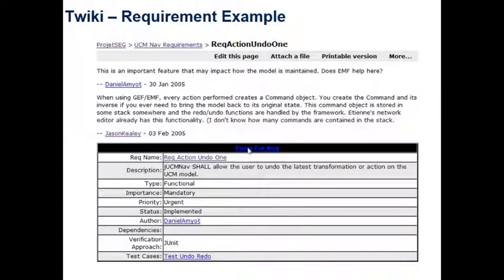Also you have a form for creating new requests. It looks like here you have a request name which automatically becomes linkable, and you enter its description, its type, importance, and so on, right? And the person who created that request is the author.